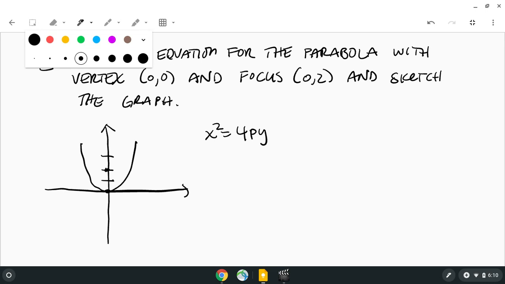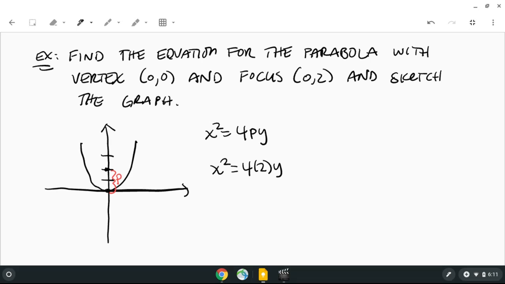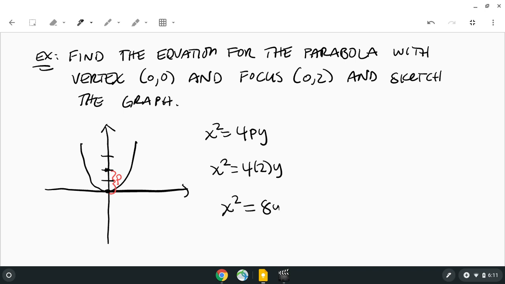Well, remember that p-value is the distance between the focus and the vertex. So we can see that it is 2. So P here is 2. So all I have to do is plug in that P value and I'm done. That's my equation. Let's just write it as x squared equals 8y.